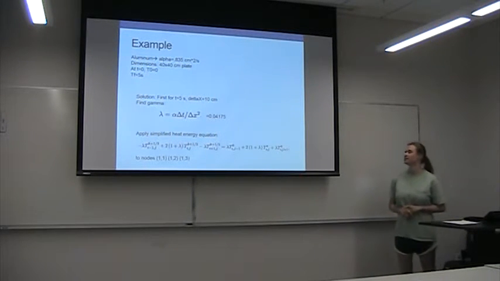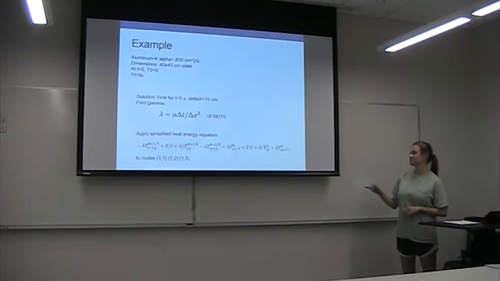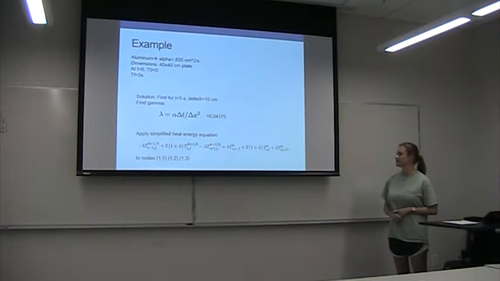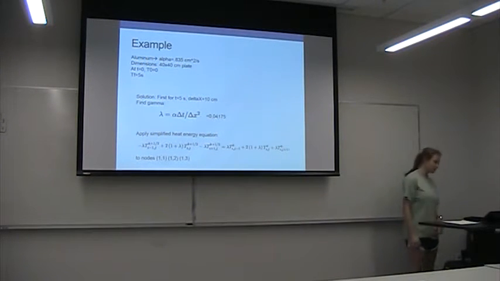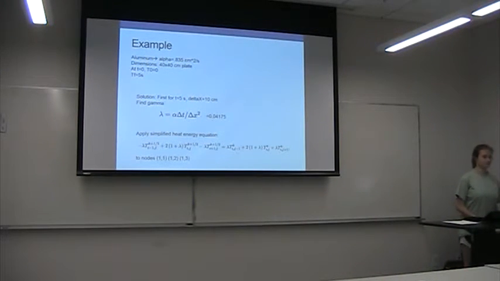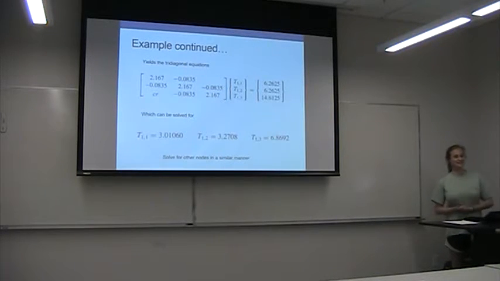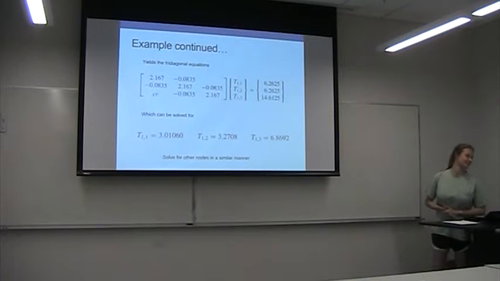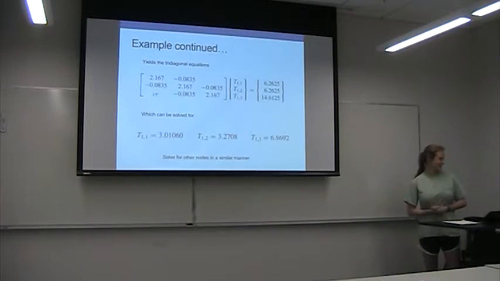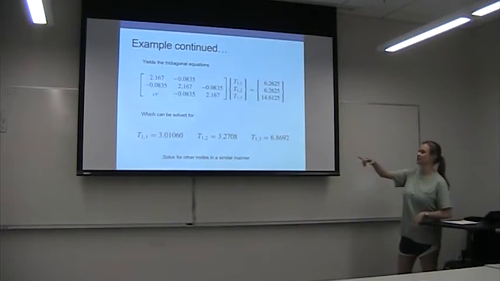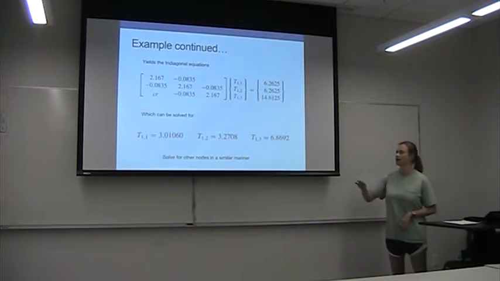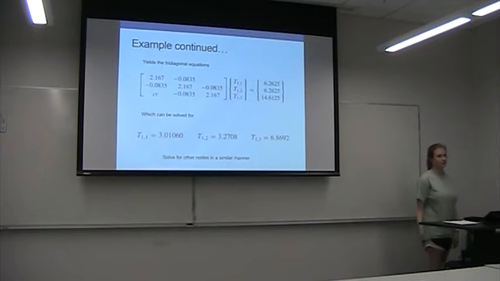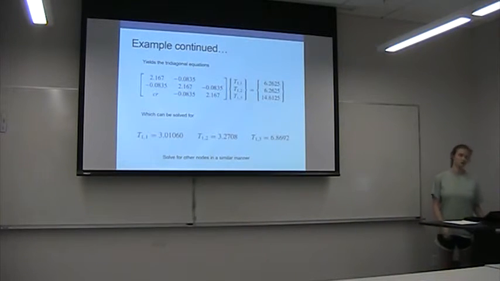So first you find gamma, which I got to be 0.04175, and then using the simplified heat energy equation, I applied it to nodes 1,1, 1,2, and 1,3, and then turned it into this matrix that they gave me in the lab. Basically you can solve for the temperatures at nodes 1,1, 1,2, and 1,3, and then you can do the same thing for every other node on the aluminum plate, and that gives you all your temperatures.